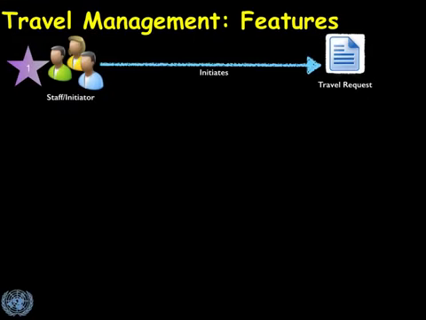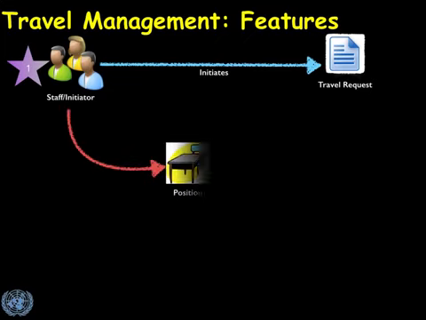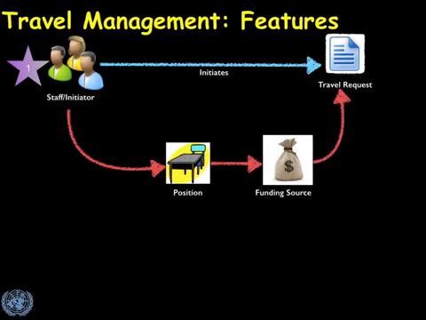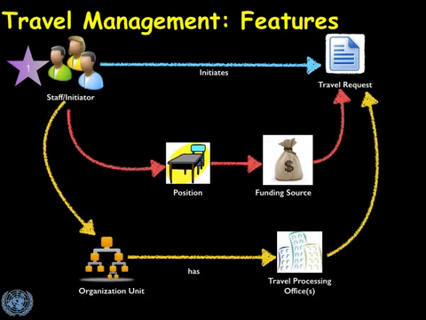The travel management features. As we explained, the staff or the initiator, who is the administrator, initiates a travel request. The organizational unit of the staff member is derived from the position, and the funding source is derived from the travel request. And also, based on the staff member's organizational unit, the travel processing office is also defaulted in the system.